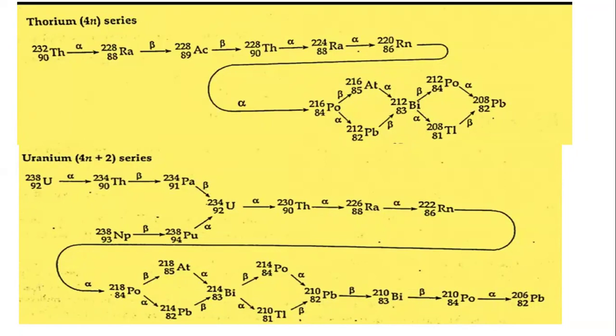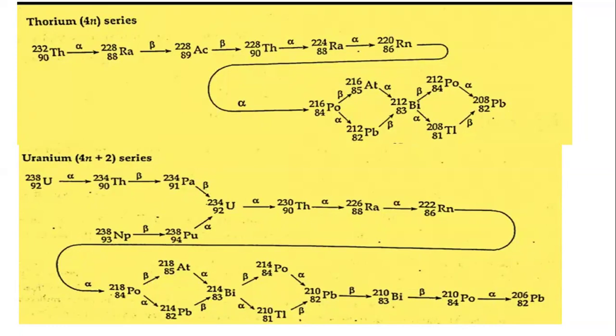The atomic number is decreased by 2 units, and on alpha disintegration it gives Rn 220, atomic number 86, that is the radon. Alpha disintegration gives the polonium.